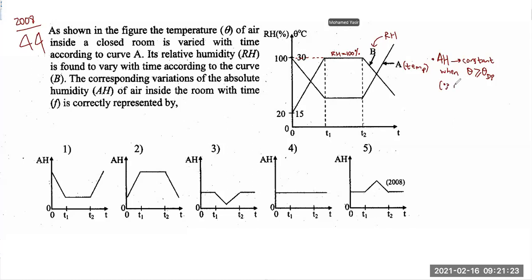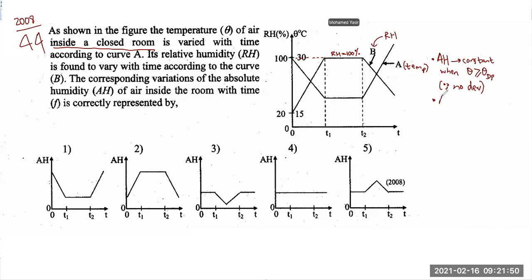Because no dew. Now this is a closed room, so air is trapped inside. The only way to reduce absolute humidity of air inside a closed room is forming dew. So as long as the temperature is greater than or equal to dew point, in a closed room with fixed volume, you can't expect AH to reduce.